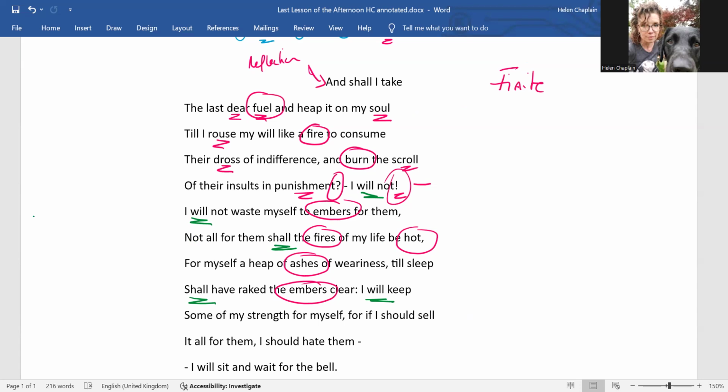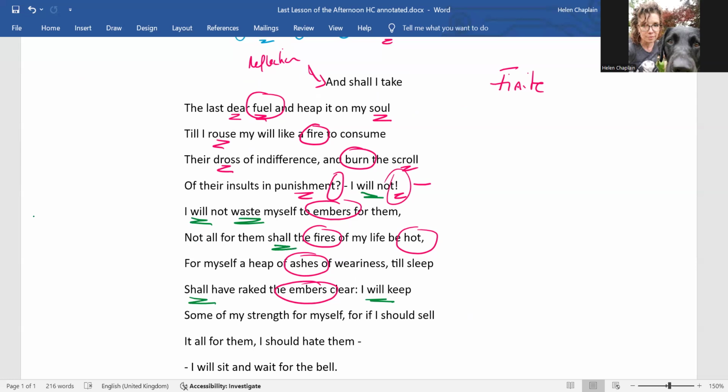I will not waste myself to embers full. I won't burn myself out. And it's interesting that he starts to view anything he can do with these boys as a waste. This isn't your romanticized teacher saying, I will give everything I've got and save these students. He's like, no, not at the cost of me, right?